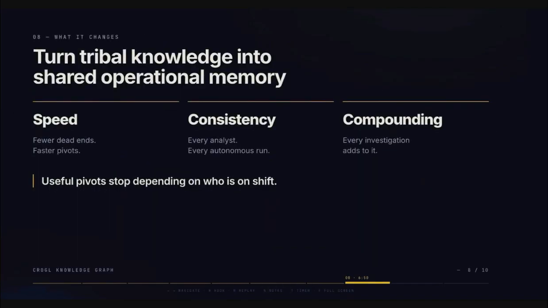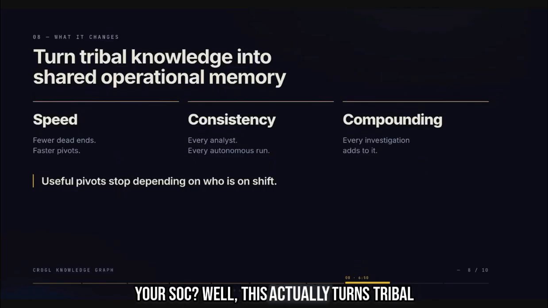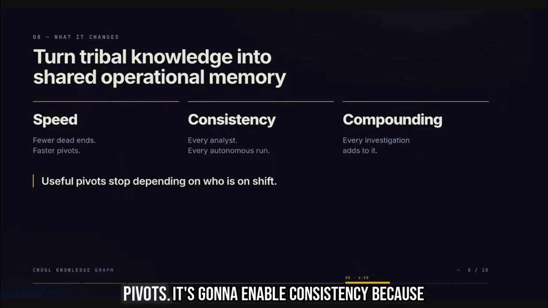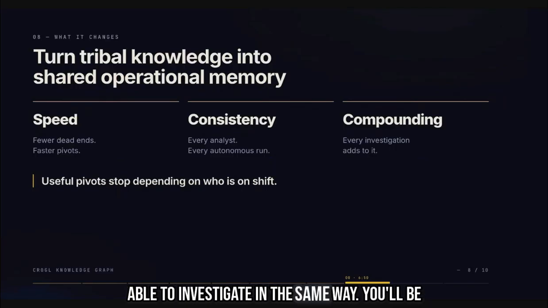Now, what's the impact of this? How does this impact your SOC? Well, this actually turns tribal knowledge into shared operational memory. Right? And with that, it's going to enable speed. You're going to have fewer dead ends, faster pivots. It's going to enable consistency because every analyst, every autonomous run will be able to investigate in the same way.